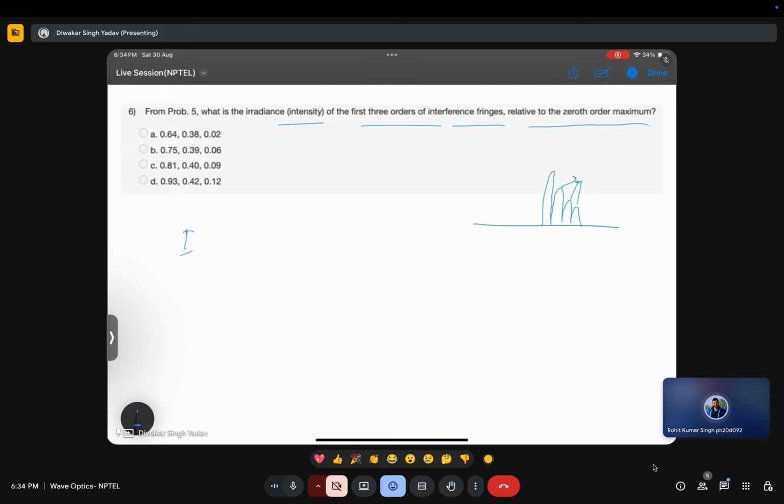We have the intensity formula: I naught cos square gamma, and then we have sin beta by beta, square.